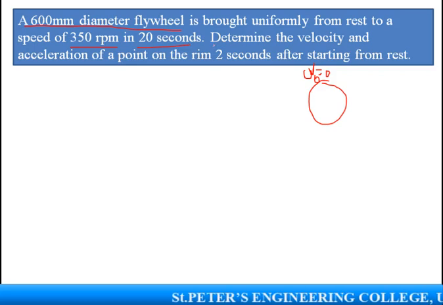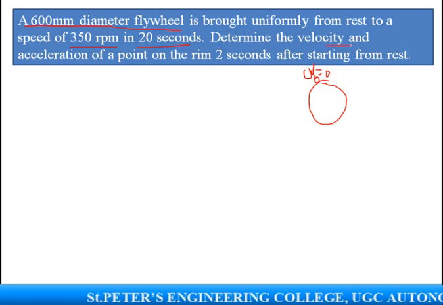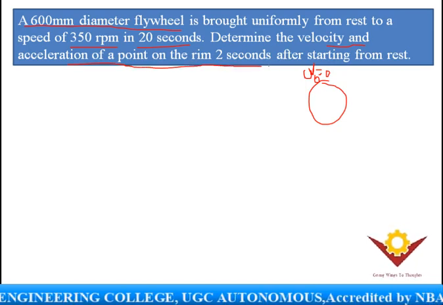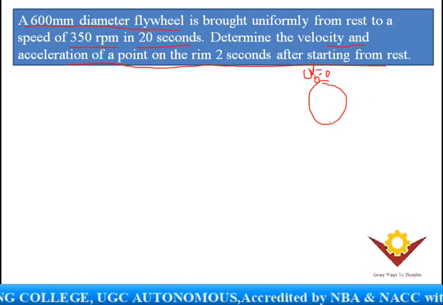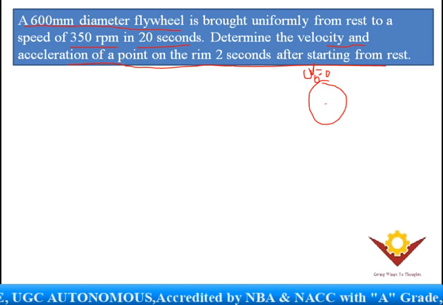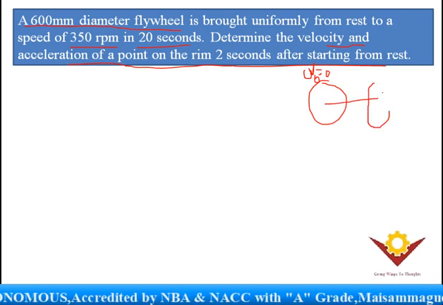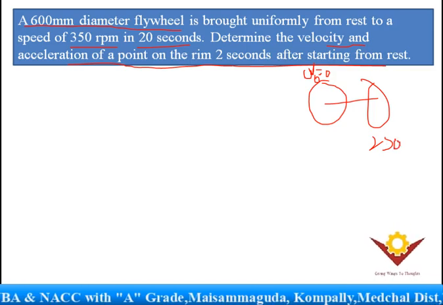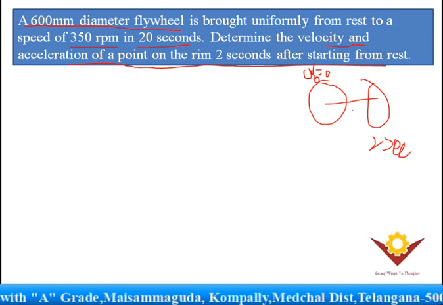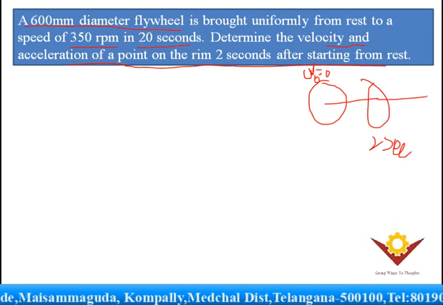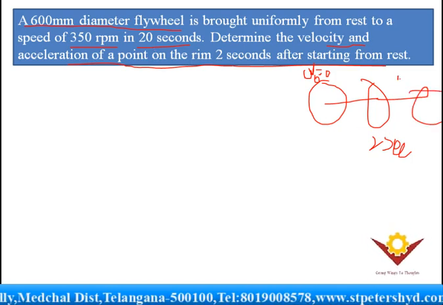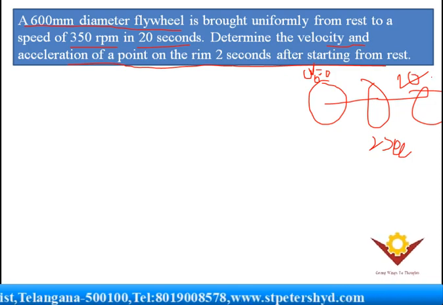Determine the velocity and acceleration of a point on the rim 2 seconds after starting from rest. See, here the starting time is 0, and here it is 2 seconds. At this particular point, we require the acceleration and the velocities. But it moved for how many seconds? 20 seconds. Okay, it moved up to 20 seconds.